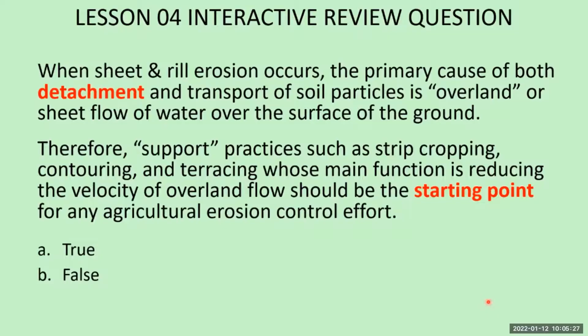So I have a short video I was going to show you, and I've run out of time. But for those who want to stick around, I'll show this short video that shows you the difference between sheet flow and raindrop impact in terms of their ability to detach soil.